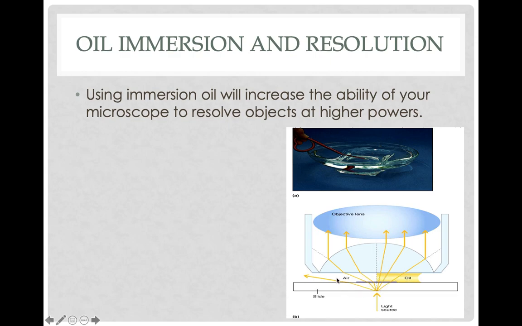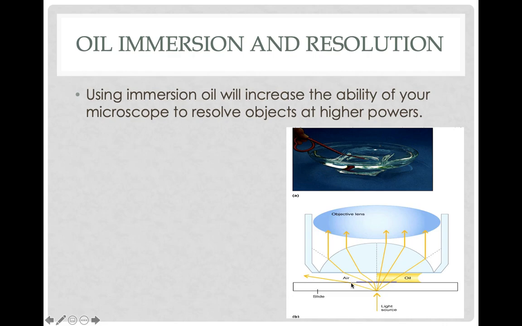So what we do is we add a little drop of oil that sits in between the lens itself and the slide. So you can see over here we don't have one without oil, and over here we do. What the oil does is it bends the light beams. It kind of tricks the light beams, and it forces them to go up inside of the objective lens instead of out into the environment over here without the oil.